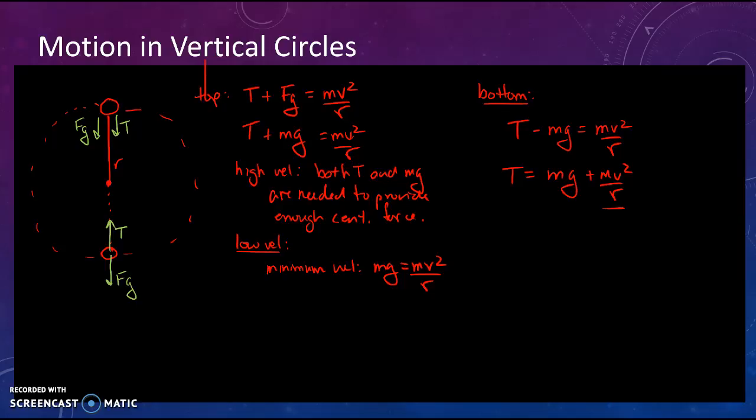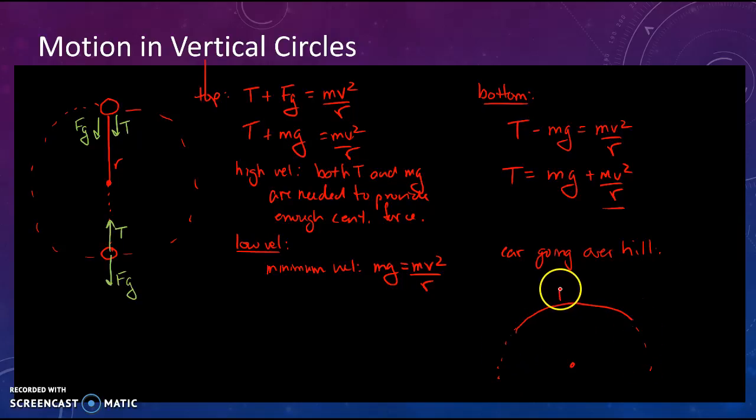Now, a variation on this, so this is where we have a string pointing towards the inside. A variation of this could be a car going over a hill. If the car is going over the hill, this hill will essentially be part of the circle.